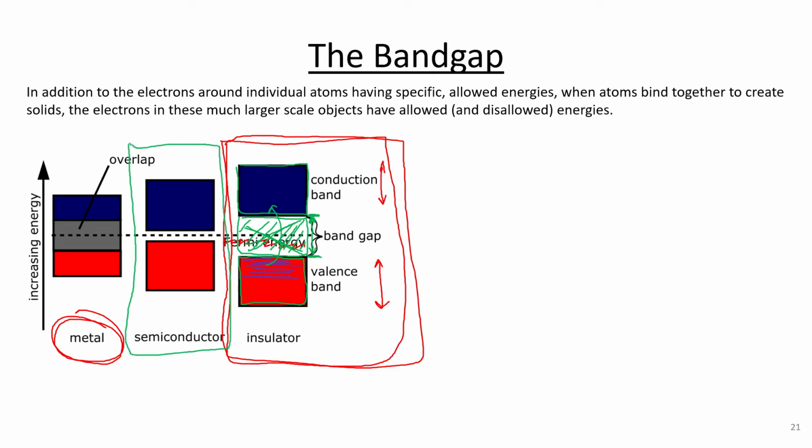You can see that these two allowed sets of states, the conduction band and the valence band, do not overlap like they do in a metal. So by default, a piece of silicon just sitting there generally doesn't have any electrons sitting in the conduction band, free to move around. So a semiconductor does not allow electricity by default to conduct through it.